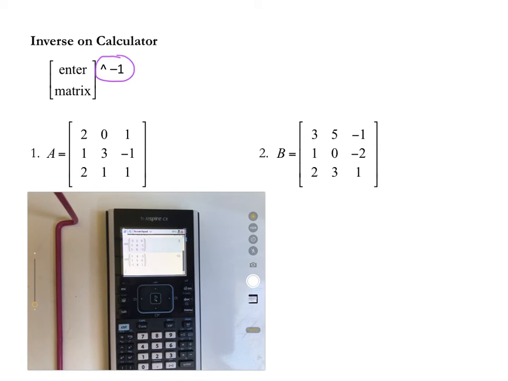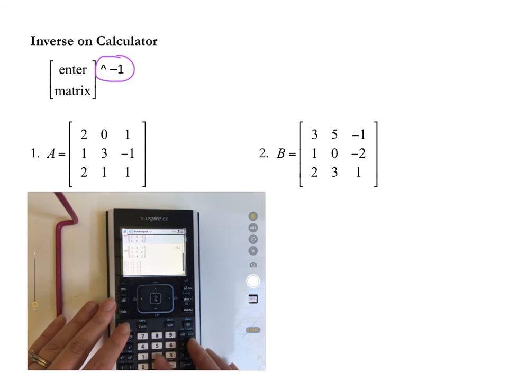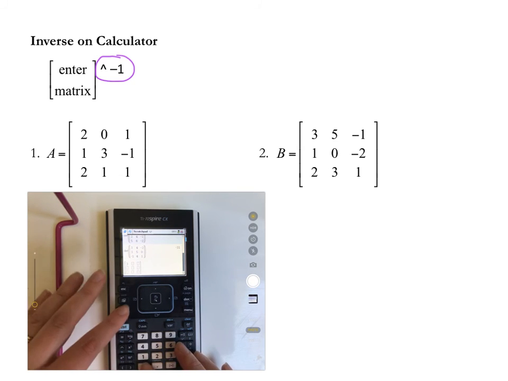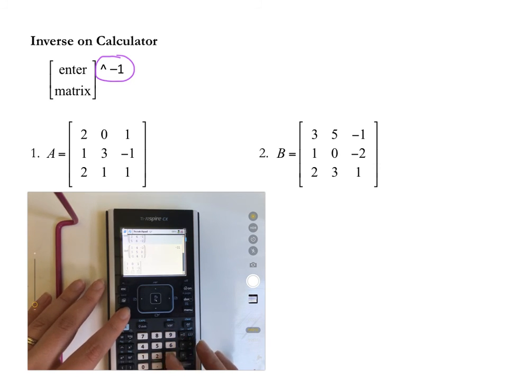So to find the inverse, the first thing you have to do is type the matrix in. So for the first inverse one for A, I'm going to go ahead and type in 2, 0, 1, 1, 3, -1, 2, 1, 1.